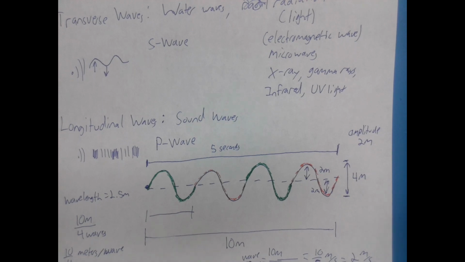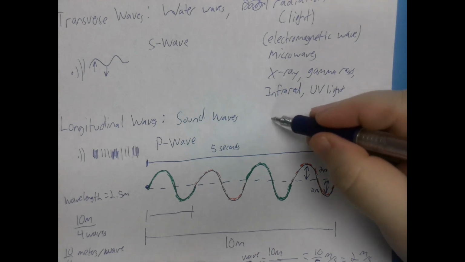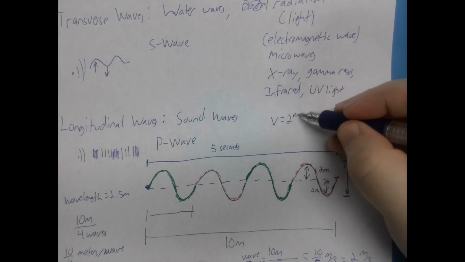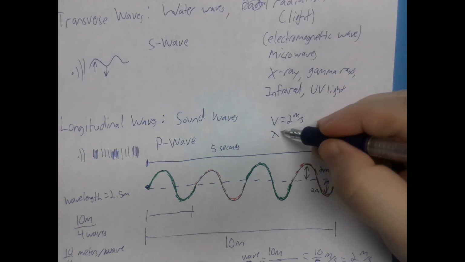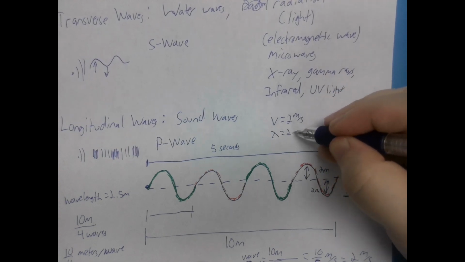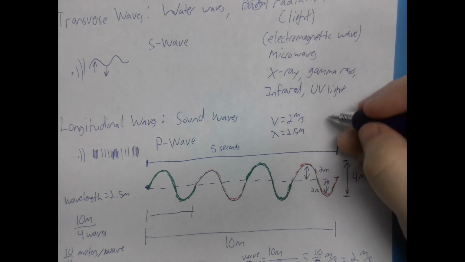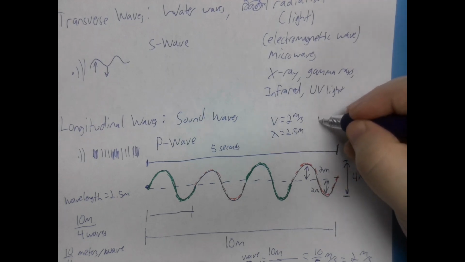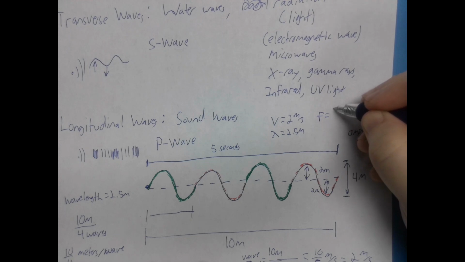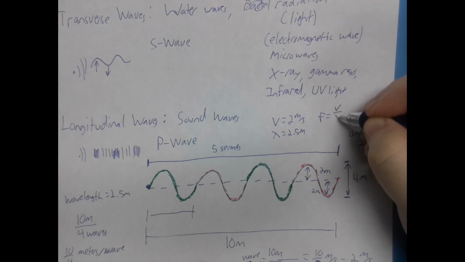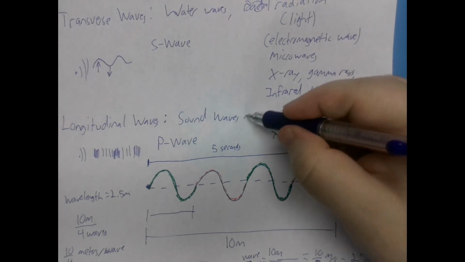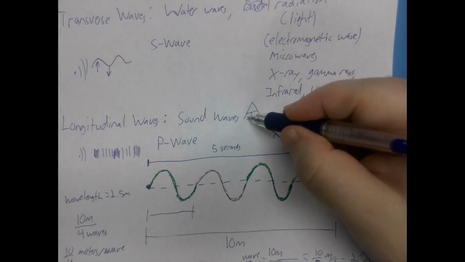What's the frequency of this wave? So its speed is 2 meters per second. Its wavelength is 2.5 meters. So the frequency is equal to speed divided by wavelength. You'll have to memorize the equation.